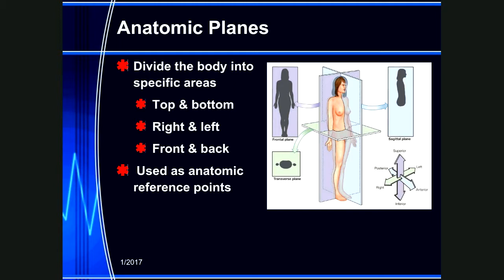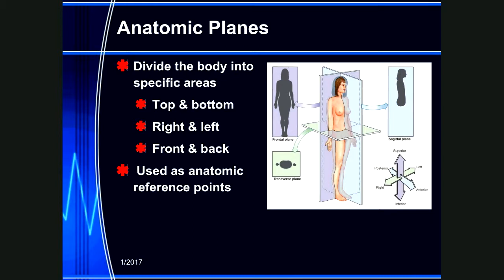This is the plane that splits the body into top and bottom. Think about it being split roughly at the umbilicus, the medical term for the belly button, cutting the body into top and bottom. The term sagittal or median plane splits the body from right to left.